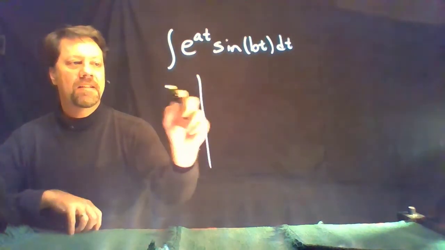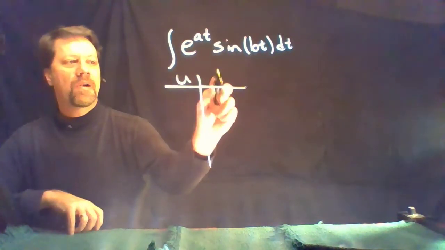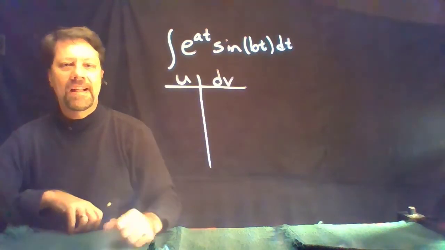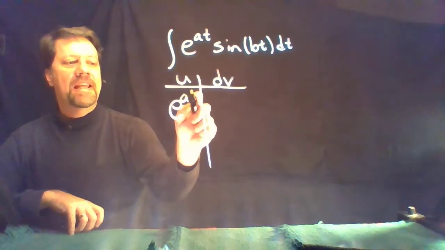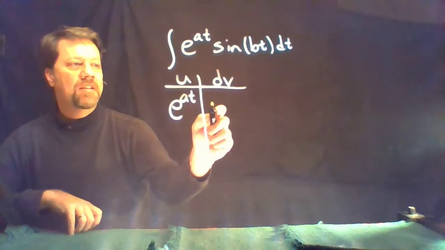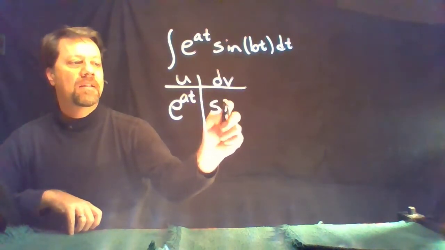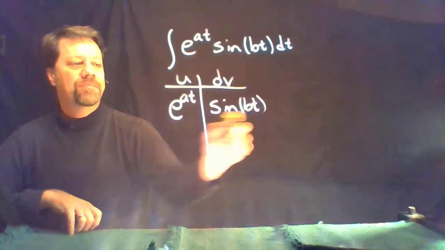To set up the tabular method for integration by parts, we need a u and a dv. I'll choose u to be e to the at and dv to be sine of bt.